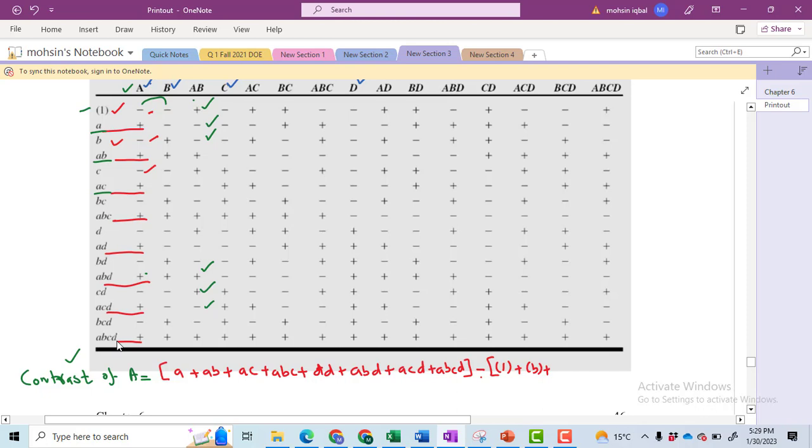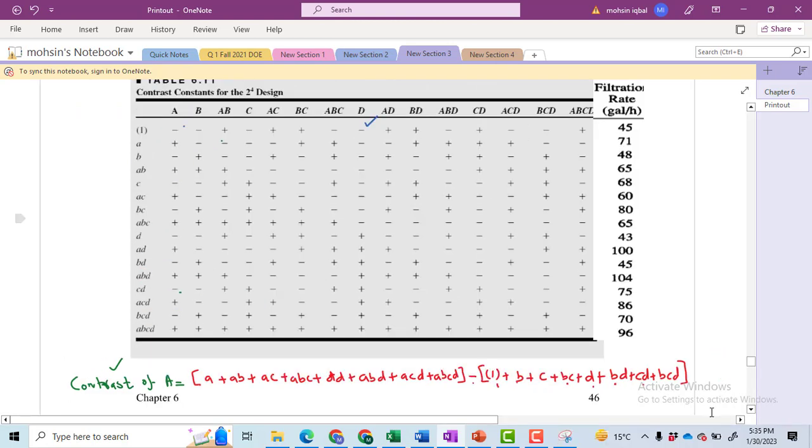So 1, B, then C. Please do not write this bracket by mistake. So just write only B, C, then plus BC plus D plus BD plus CD plus BCD. Let me count: 1, 2, 3, 4, 5, 6, 7, 8. Okay, now there are 8 terms.